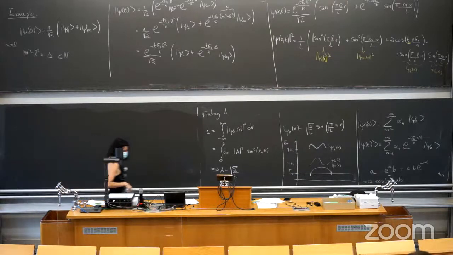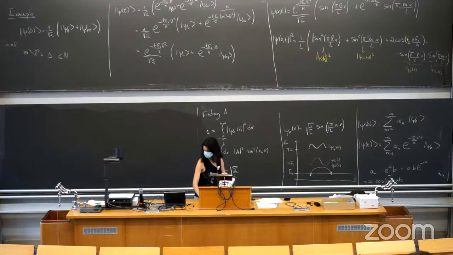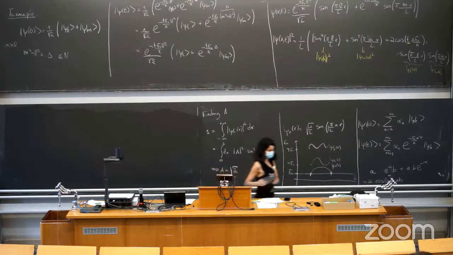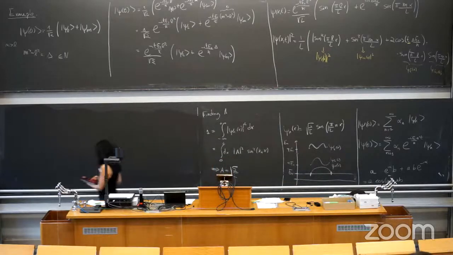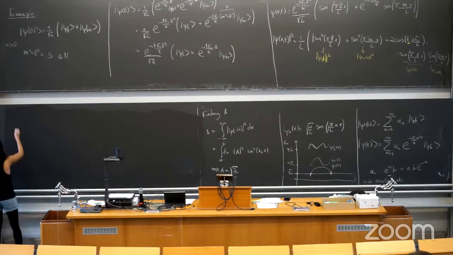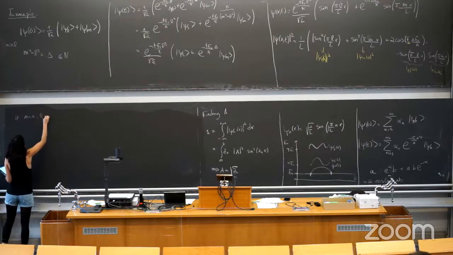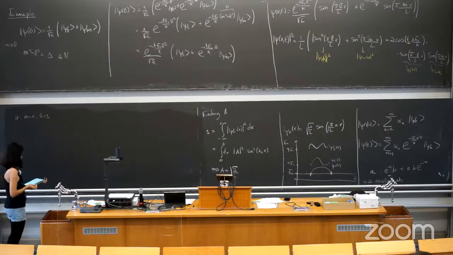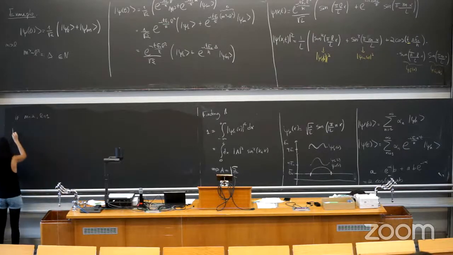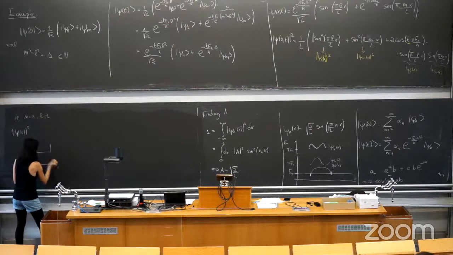So in the simplest case, where you just have a superposition of the first and the second eigenstate, so if M equals 2, L equals 1, then the way this looks, so some t and time evolves in frames.